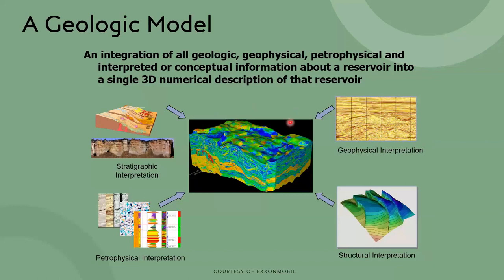So in geological modeling, normally when you are coming up with the static or basin study, you have to include multiple tasks. There is a lot of integration of all geological, geophysical, and petrophysical analysis. Like we have stratigraphic interpretation, seismic interpretation, geophysical interpretation. Then if you come up with the 3D models, we come up with the structural interpretation and also the petrophysical interpretation of the data.